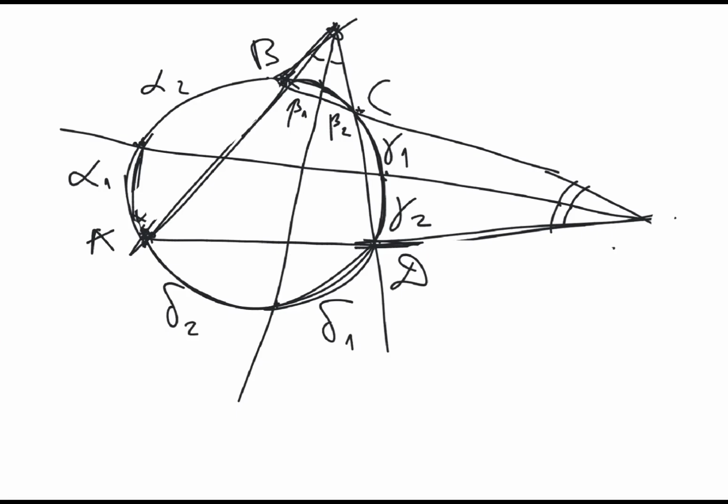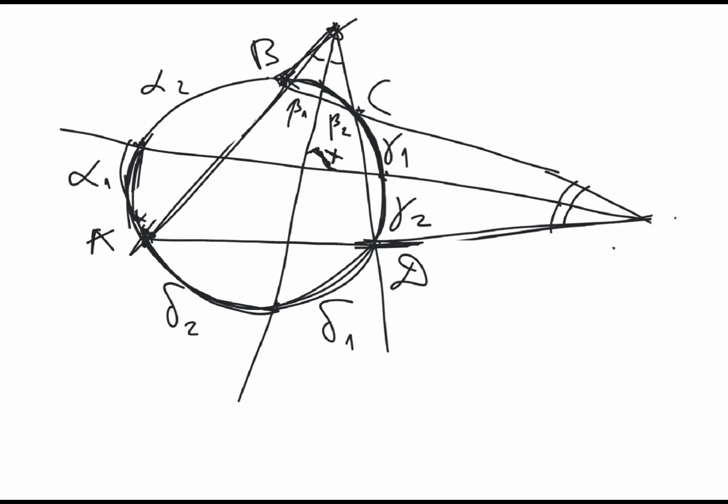Okay, and so what we need to find is this angle, basically. We need to prove that this is 90 degrees, that this is a right angle. This can be calculated as half of the sum of these two arcs. So let's denote this angle as x. This is the desired angle that we need to find.